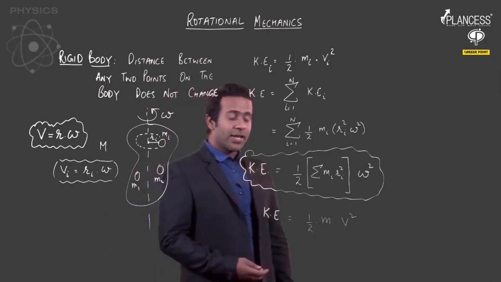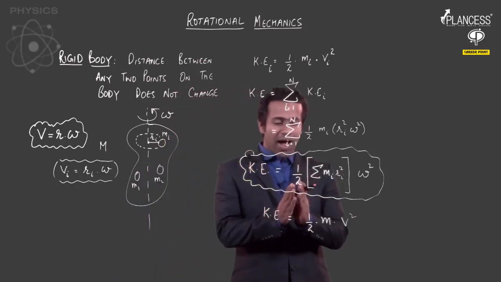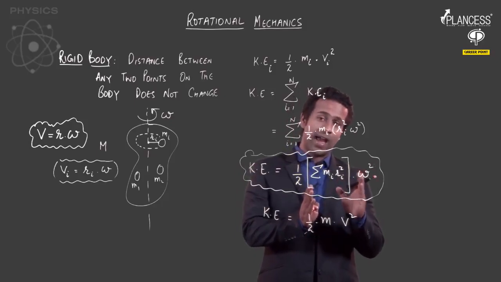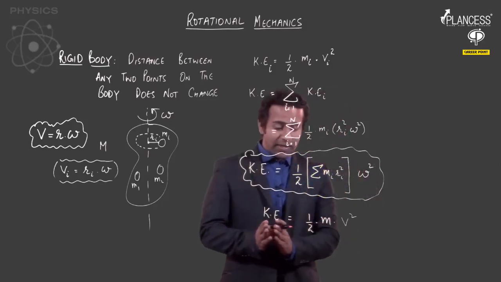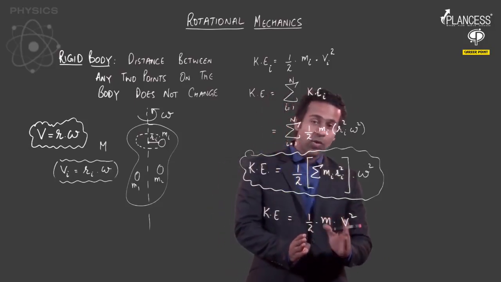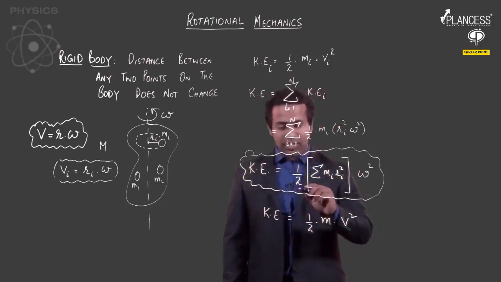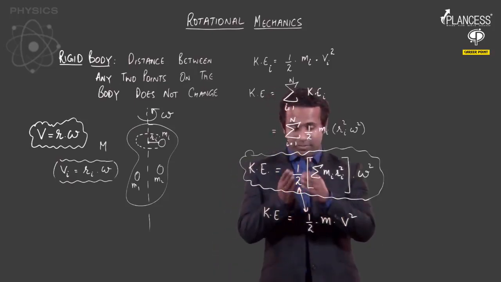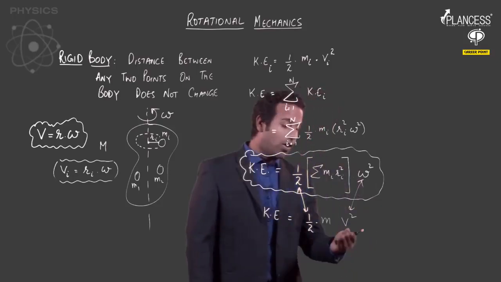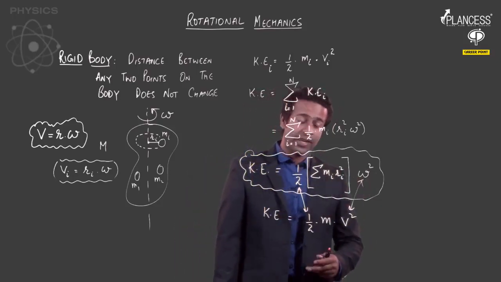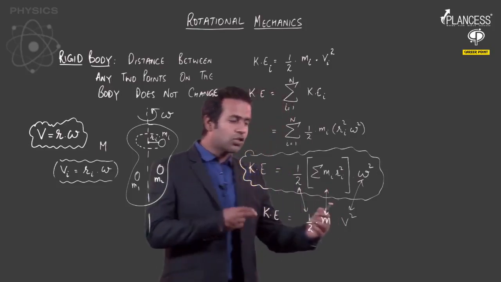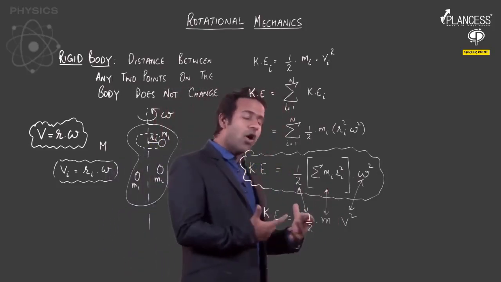Because in this case you have an expression of half into a term into the square of angular speed, right? And in the linear case we have half into mass into the square of linear speed. So this half sees its analog, omega clearly sees its analog. This is linear speed, this is angular speed. So we could say that these two terms are also sort of an analog of each other.